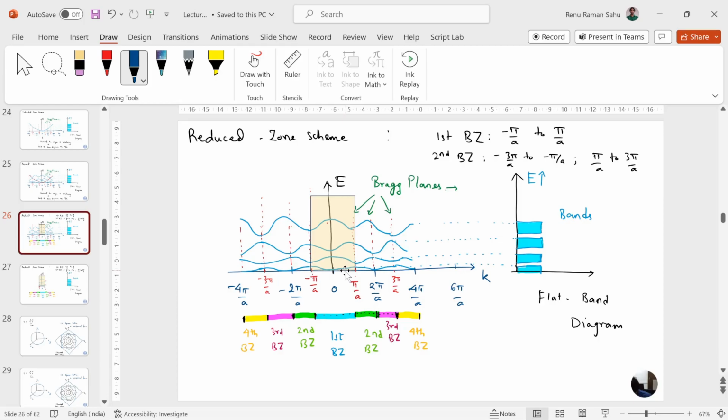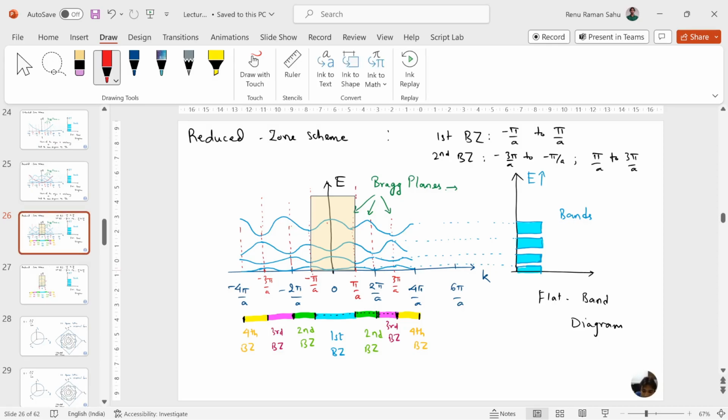So when you show pi by A and 3 pi by A in red, those are your Bragg planes. I have shown them in red because there is no lattice point there.